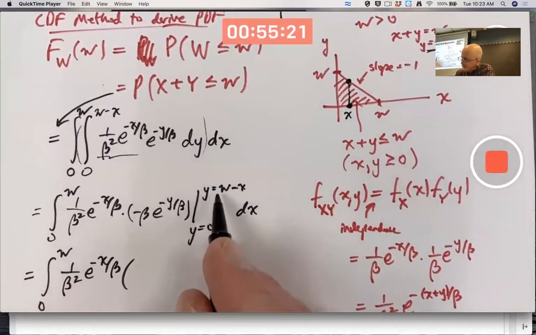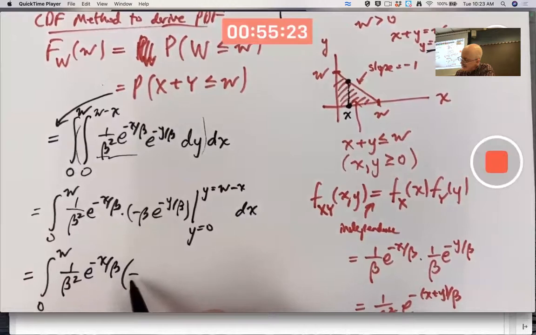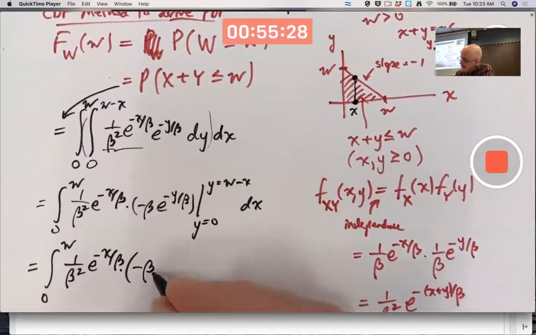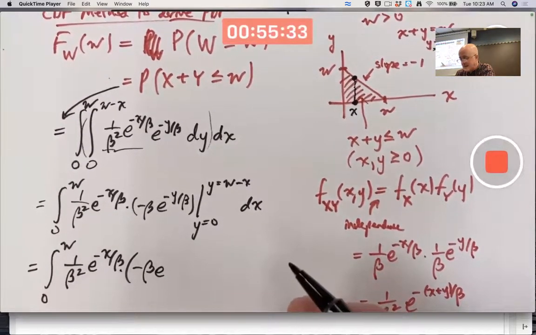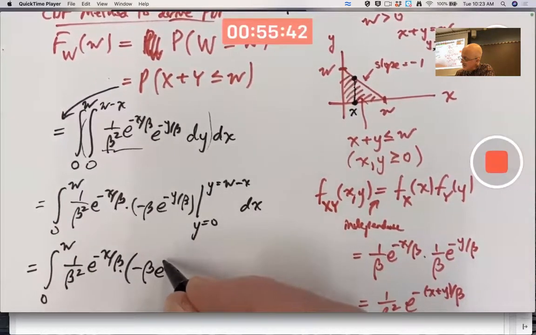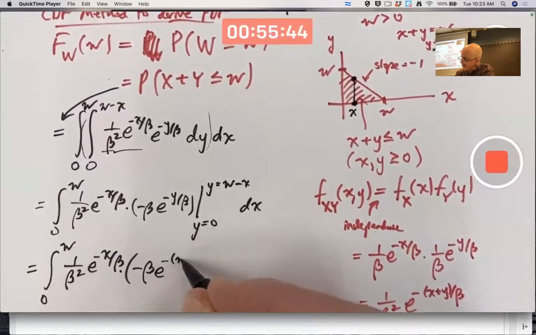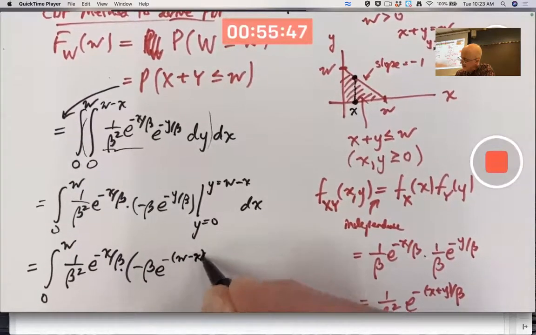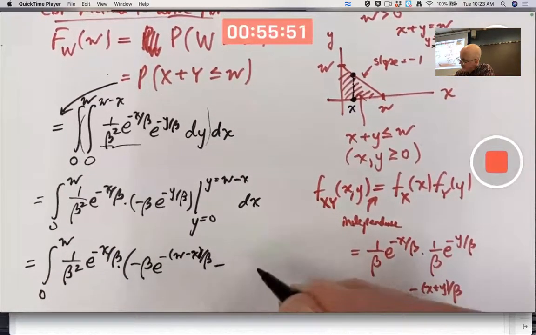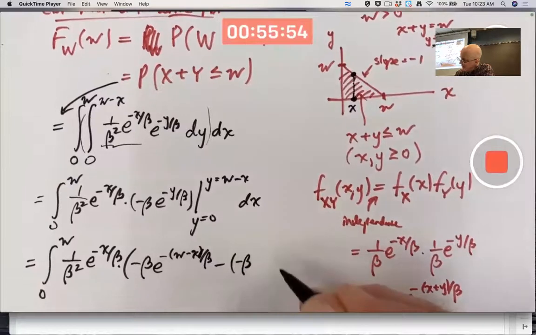First, replace y with w minus x, which I can bring the minus sign through and write as x minus w. Is that worthwhile doing? I'm not sure. Let's just do this initially. And then I have to subtract what I get when I replace y with 0.